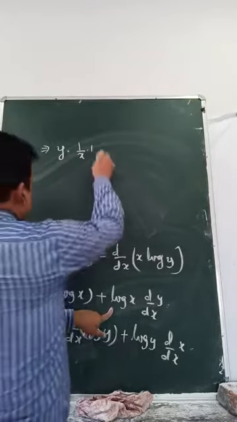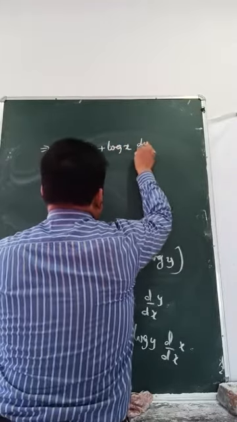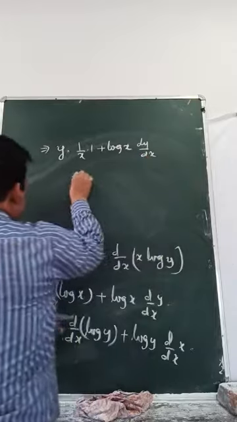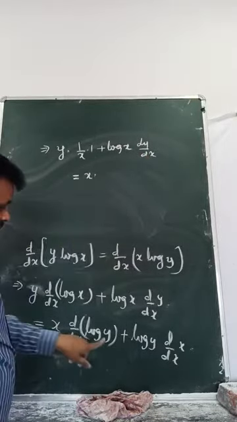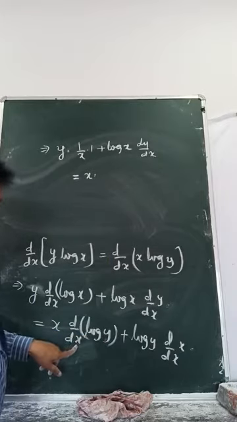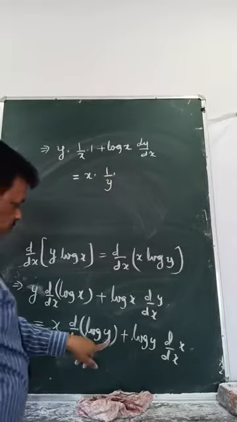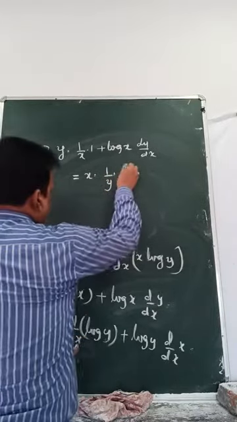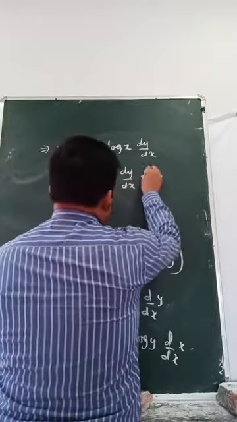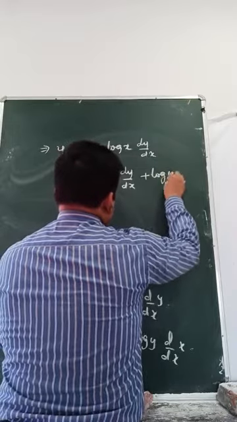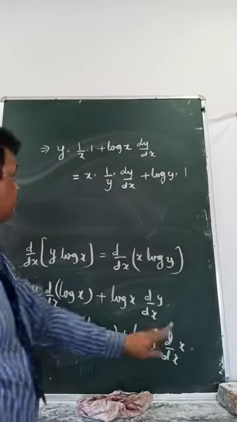Here plus log x dy by dx equals, look at this part, x log y derivative with respect to x means 1 upon y, and y with respect to x will be dy by dx, plus log y into 1. This is 1.